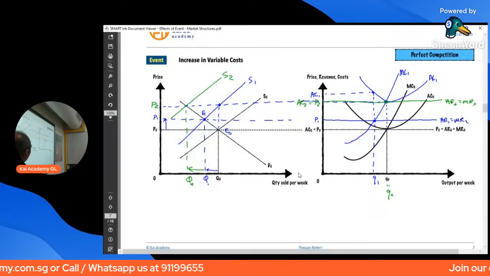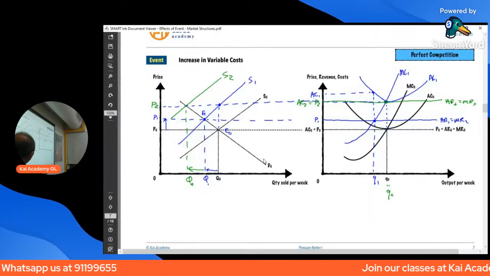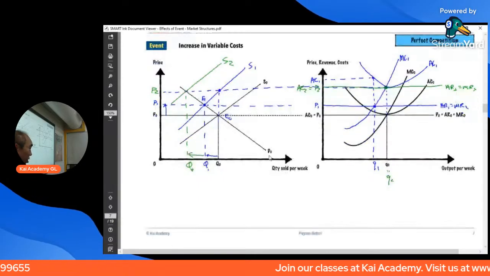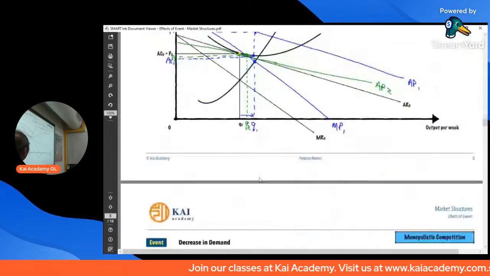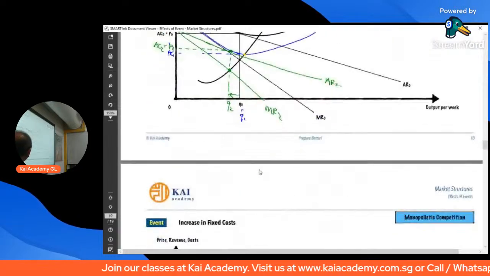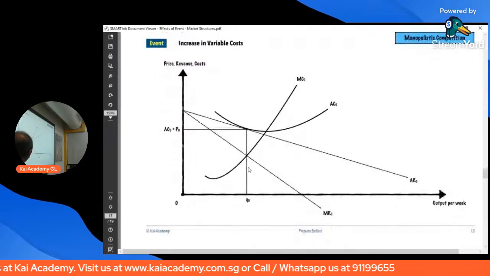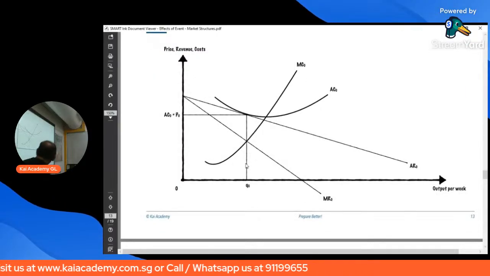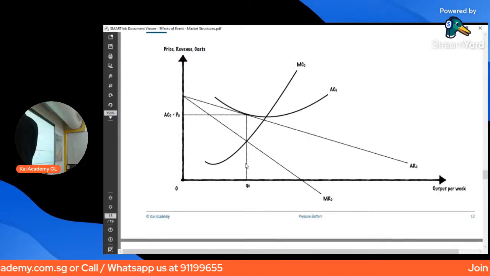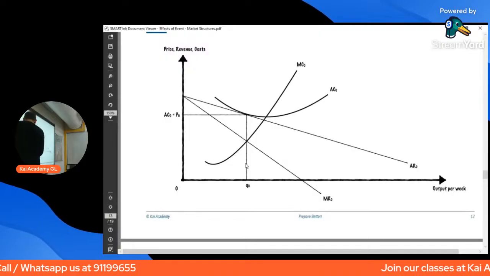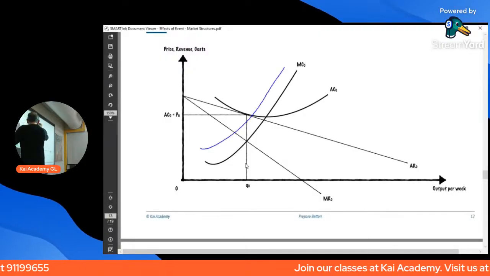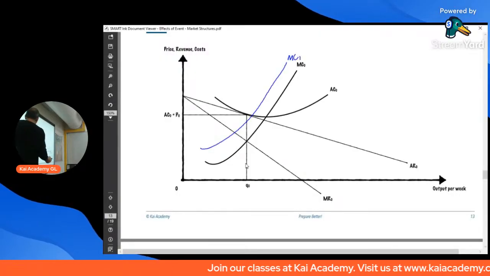All right, so now we have the rise in variable cost done for perfect competition, which is a very complicated one. Let's do the more reasonable one for your syllabus, right? In the exam, what is more likely to be tested? So you go to increase in variable cost for monopolistic competition. In MPC, if I want to draw an increase in variable cost, first I draw the MC curve shifting up.